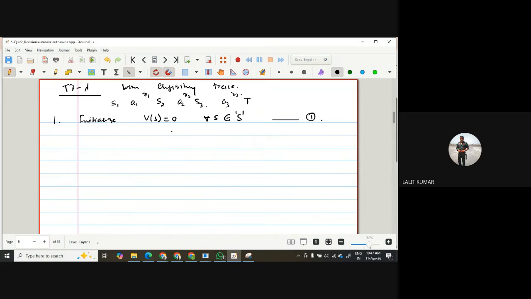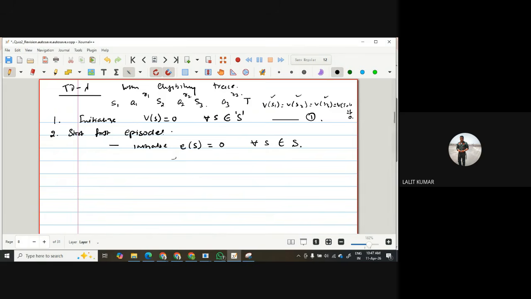Now start the first episode. When we start the first episode, or any episode, initialize E(s) equal to 0 for all s belonging to S. So in the starting, V(S1) equals V(S2) equals V(S3) equals V(terminal) equals 0. V(terminal) will always be 0, so we are interested only in V(S1), V(S2), V(S3).